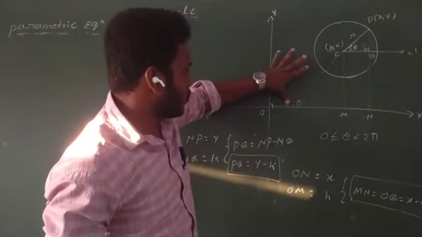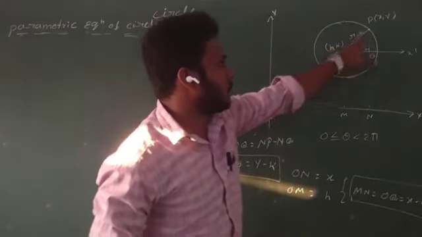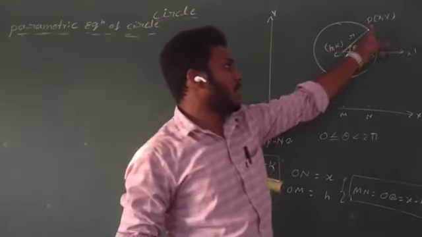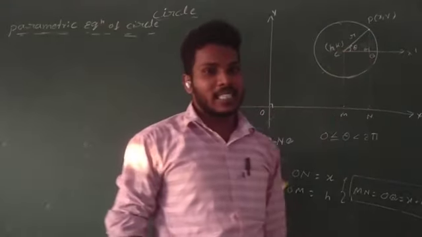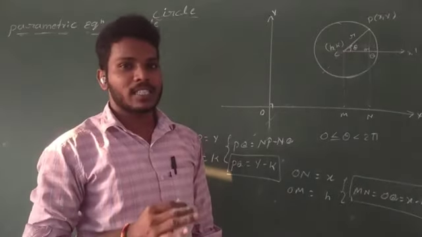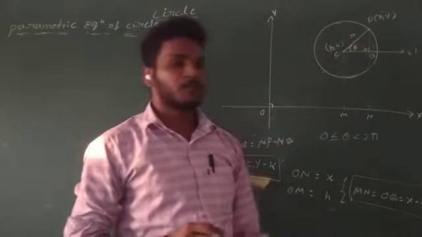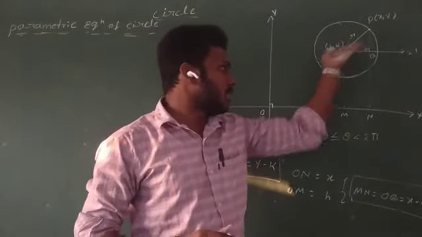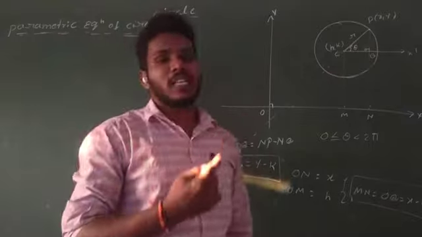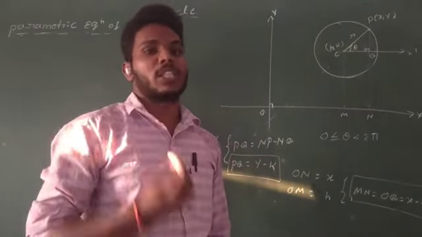So CP is the radius of the circle, r. With respect to Cx dash, it makes some angle theta in the anti-clockwise direction. According to this theta, I can write the parametric form of the equation, that is, by using trigonometric ratios.